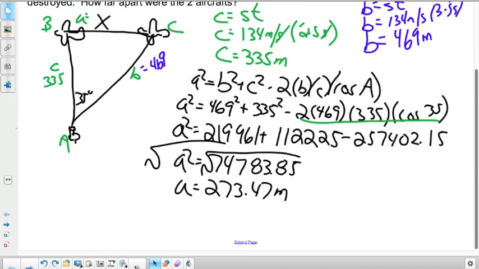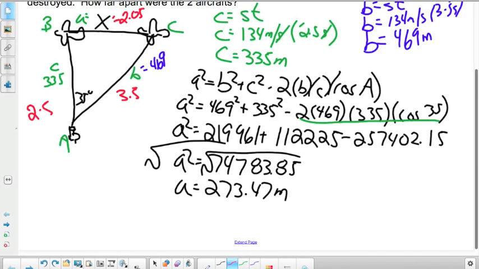There's actually another way to do it. Instead of using 335, 469, you can use the times. So you can use 2.5 here, and 3.5 here. If you apply the cosine law to this, you get something like x equals 2.05.